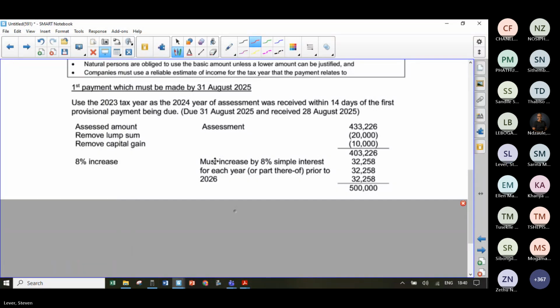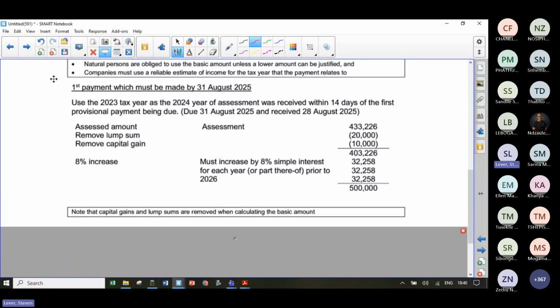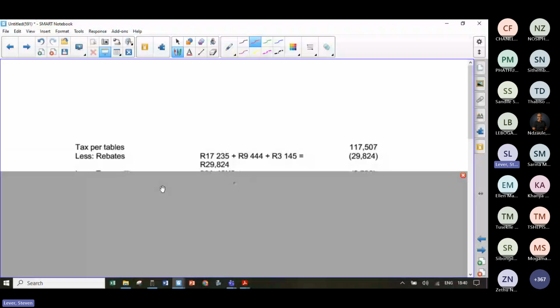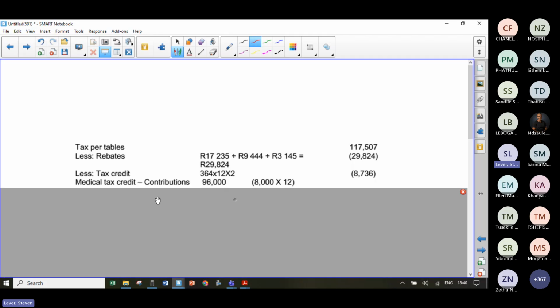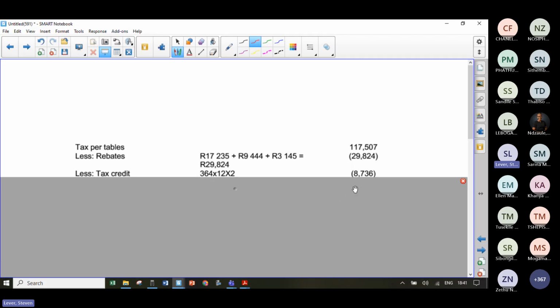Okay. What do we then do, guys? We say tax per tables, less rebates. He is part of a medical aid, so what are we going to do? We can take off his tax credits. Sorry, I've actually made a mistake there. This is actually 728.